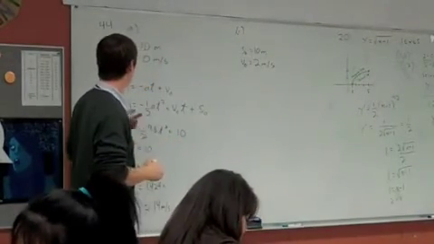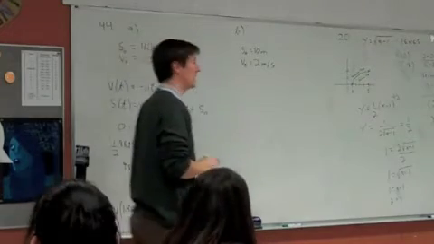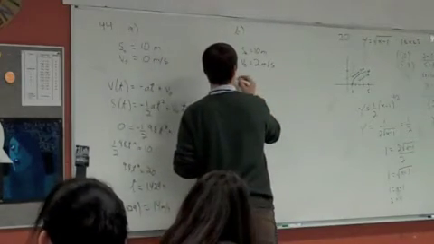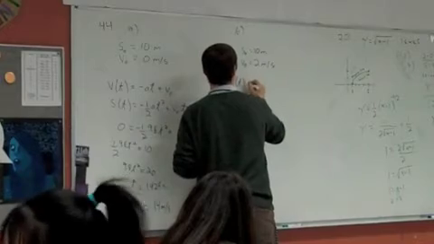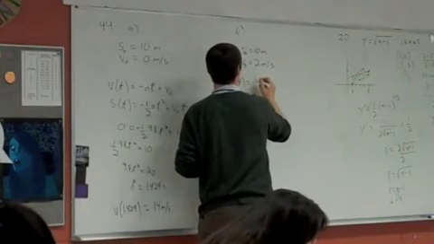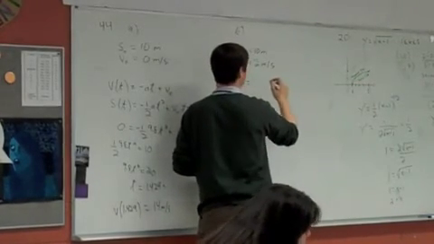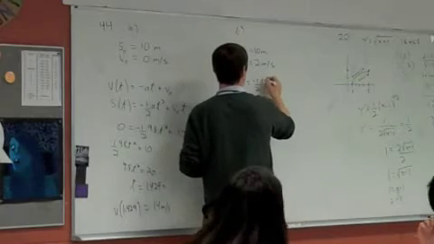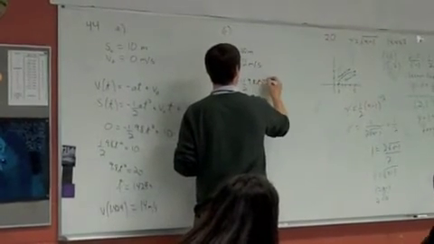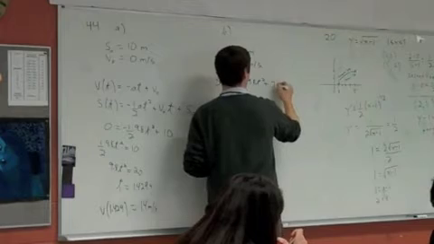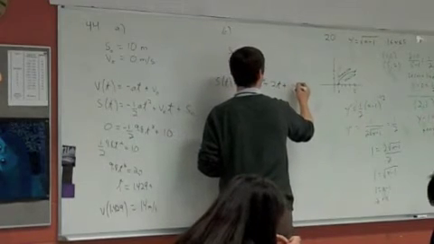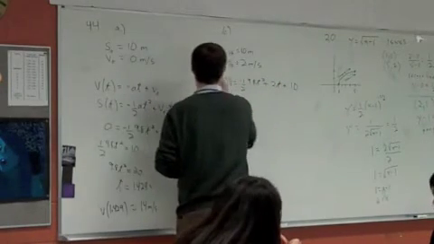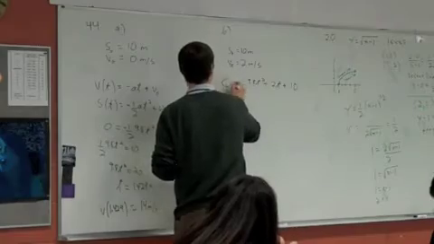So what is your position function in this case? S of t equals negative 4.9 t squared plus 2t plus 10.